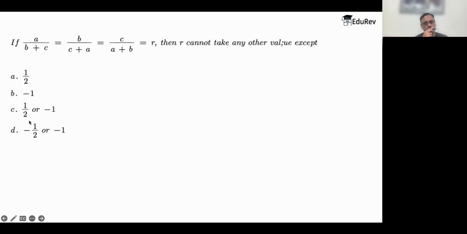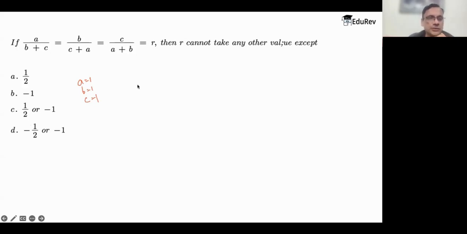So if I take again A, B, C, all of them equal to 1, A is 1, B is 1, and C is 1, let's start with that.